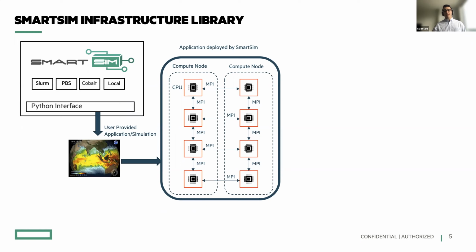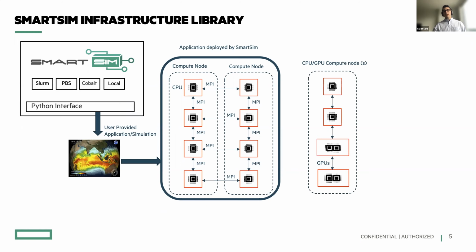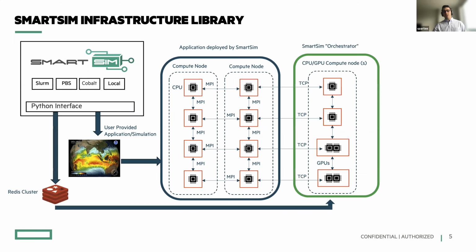But the primary job of SmartSim, the infrastructure library, is actually to utilize CPU or GPU compute nodes out on the system to launch the Orchestrator, which is that in-memory database that I talked about, and connect it to that application deployed by SmartSim. In this way, you can seamlessly add ML and DL functionality by only including a very lightweight client library into your workload. It's a single static shared library.